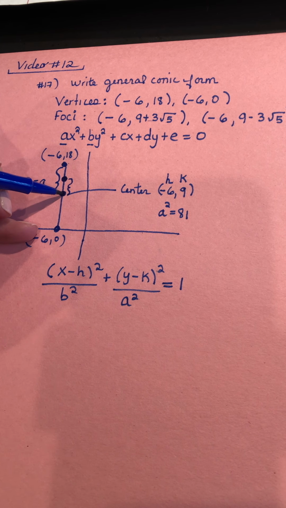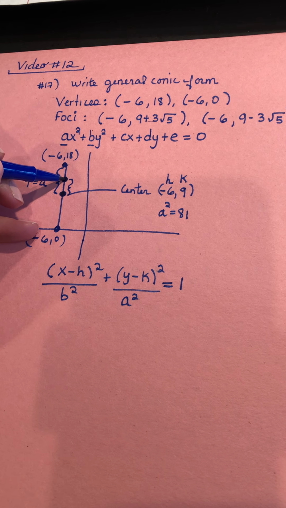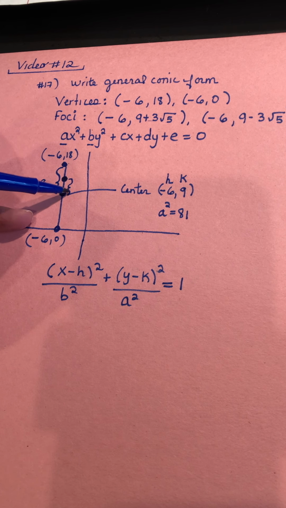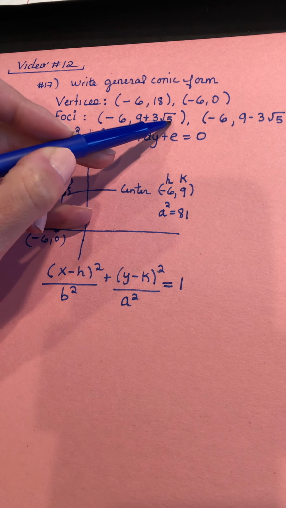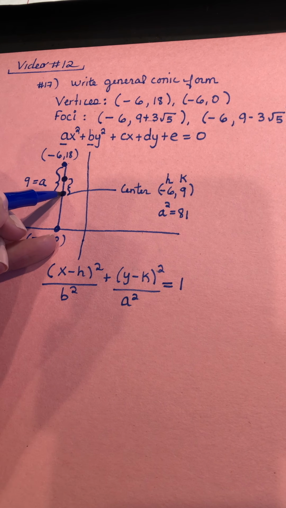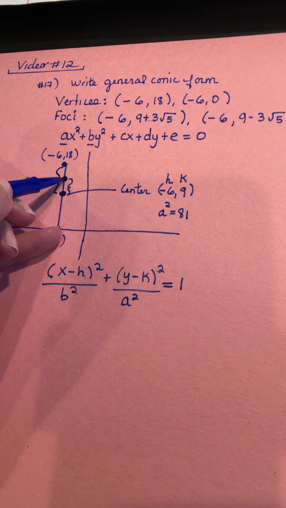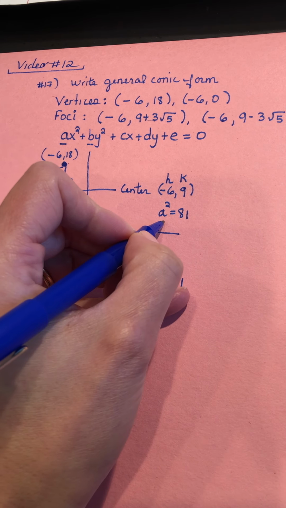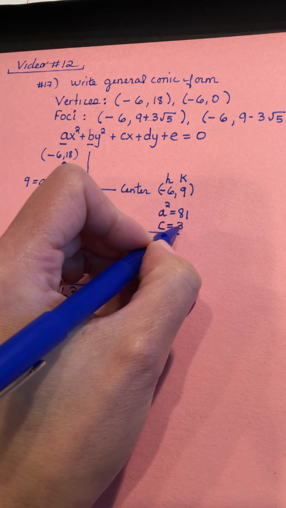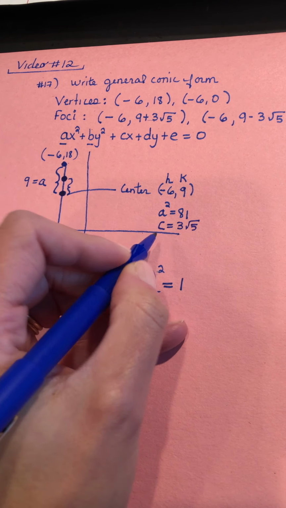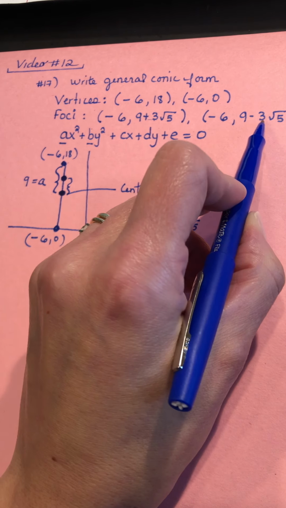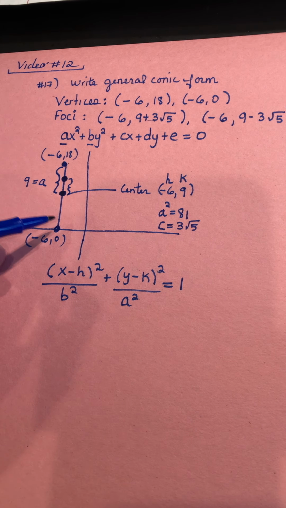How far did I go from the center to this point? Well, I must have gone an additional 3√5, because this point is 9, and this point is 9 plus 3√5. So I know that c is 3√5, and that's important to calculate. I don't even really need to graph the other focus to figure that out.